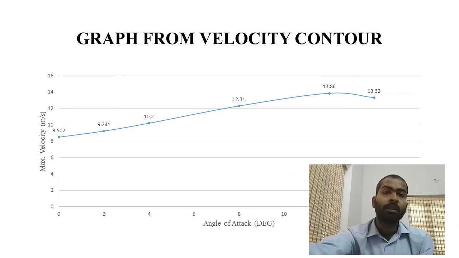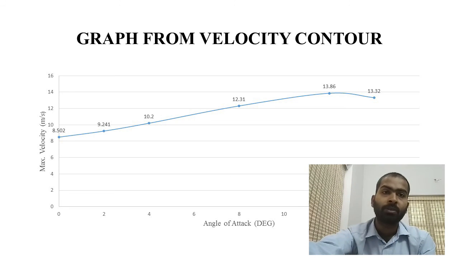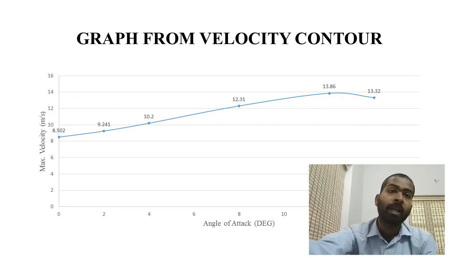Here we can see 0 degree of angle of attack at the x-axis, and in the y-axis there is velocity in meters per second. So at 0 degree of angle of attack, the maximum velocity starts from 8.502 meters per second and at last reaches 13.32 meters per second at 14 degrees of angle of attack.